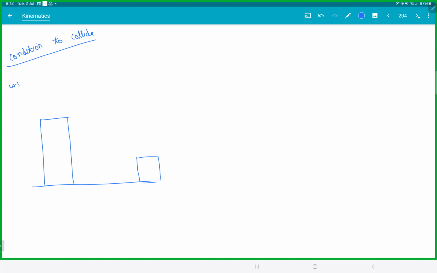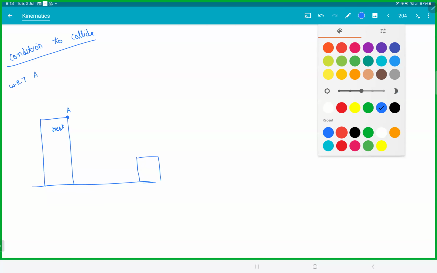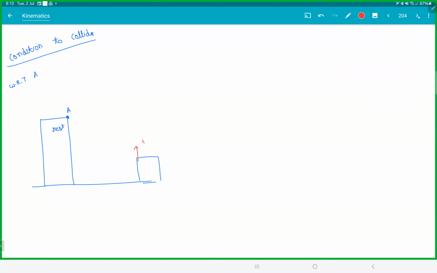Stop A. So we are studying with respect to A. So A comes to rest here. Now this guy's vertical component is u2 sine theta 2 minus u1 sine theta 1, and horizontal is u2 cos theta 2 plus u1 cos theta 1.